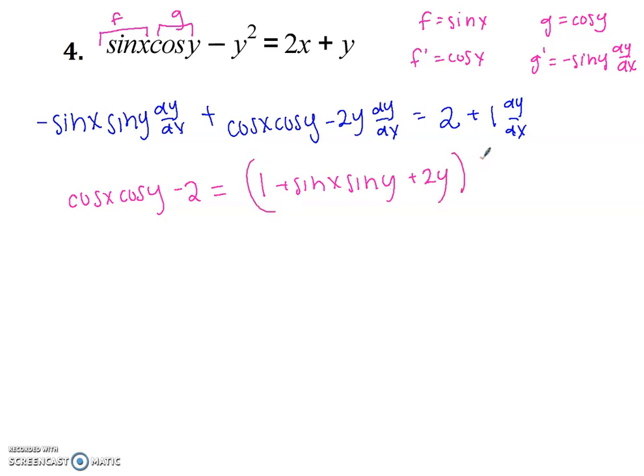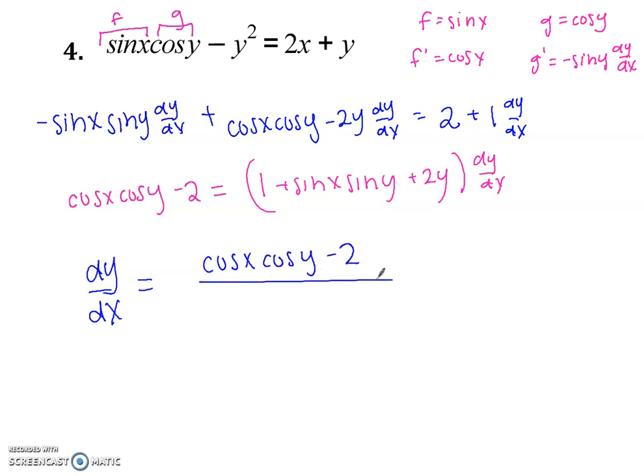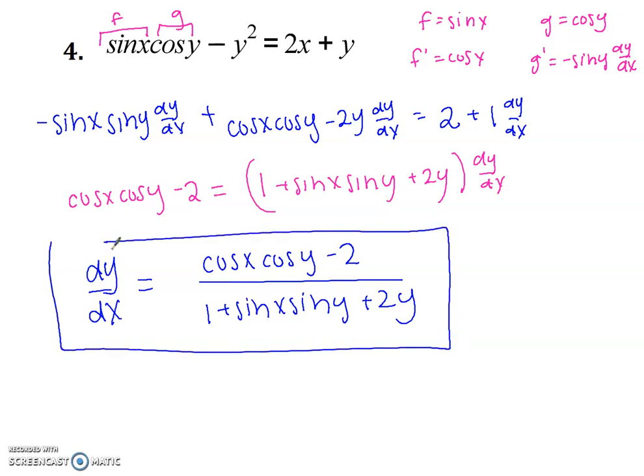Okay, and then I'm just going to write the dy/dx outside, and then my last step is just to divide by this. So you'll have cosine of x, cosine of y minus 2 over 1 plus sine of x, sine of y plus 2y. And you can't reduce it by anything, so this would be your final answer.